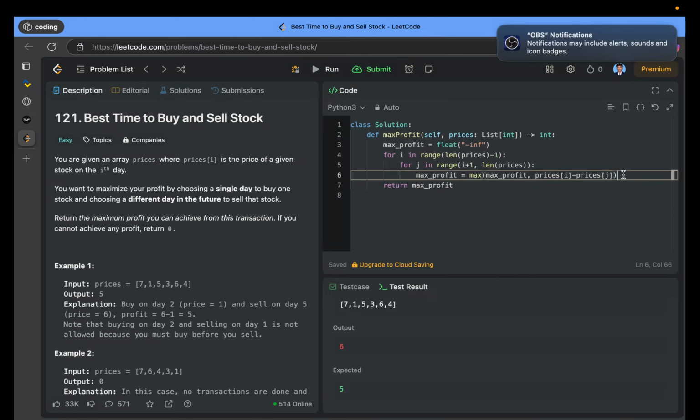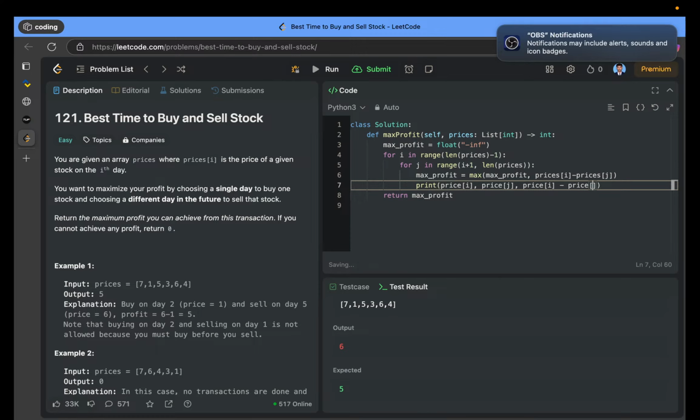And let's first do something that I prefer to do first. So price i, price j, price i minus... I know I'm again.